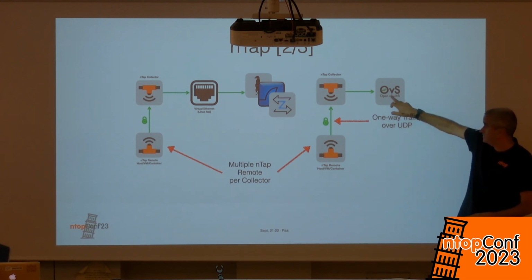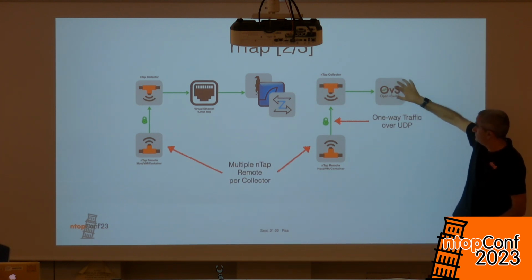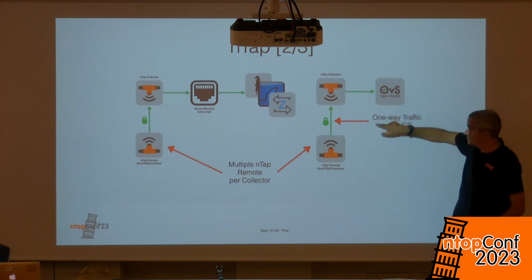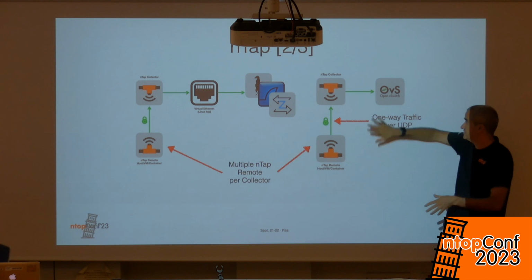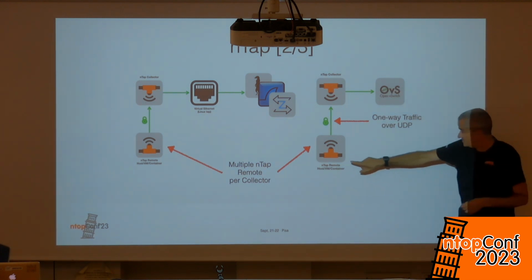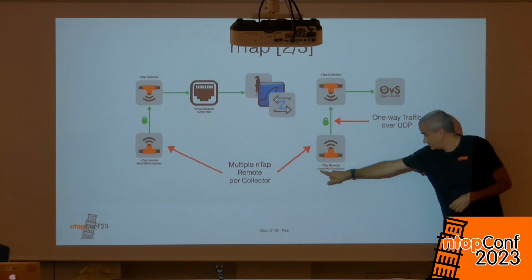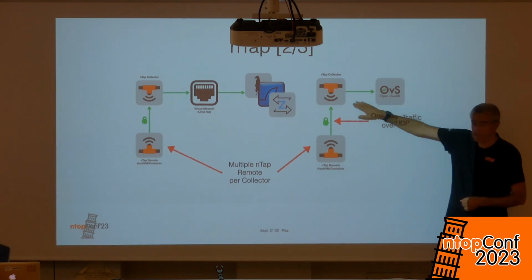Because this is a real switch, in software, here you can have multiple ingresses so that you can do a port mirror, say mirror traffic of a remote host or mirror packets back. So it's a very versatile system. But anyway, this is ntop remote that you run on a host, on a virtual machine, or in a container. And this is the collector.